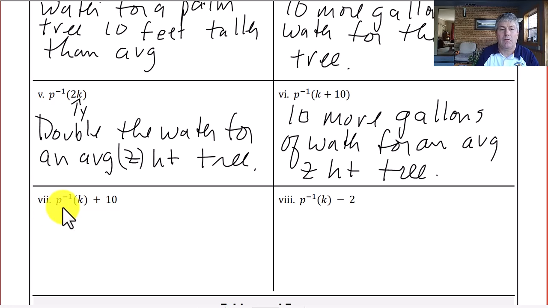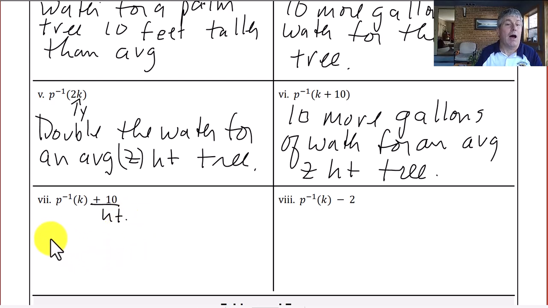And in example 7, another inverse of K plus 10. This looks like our Y's are being increased, but since it's inverse, our Y is an X. So this 10 actually refers to the height of the tree.